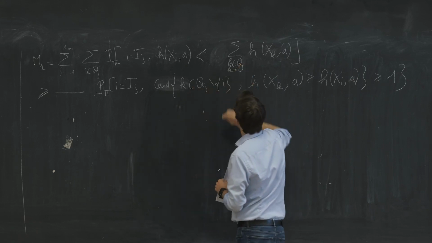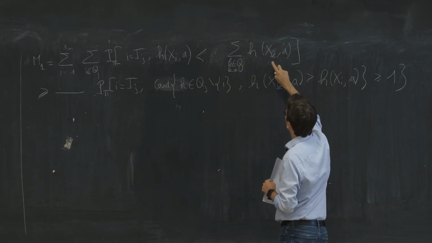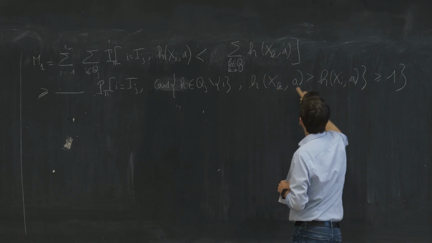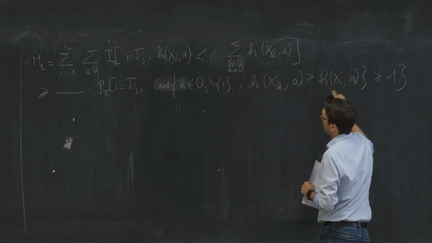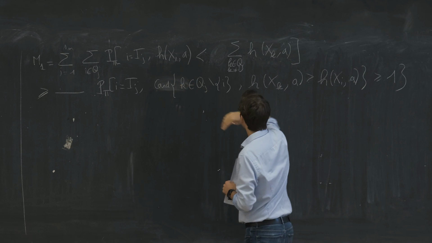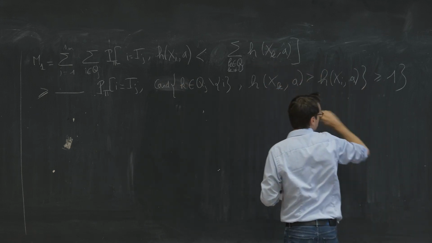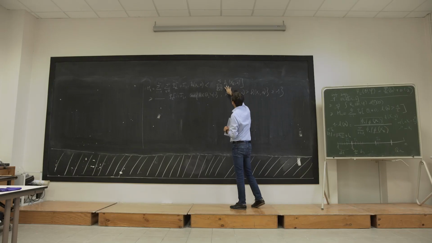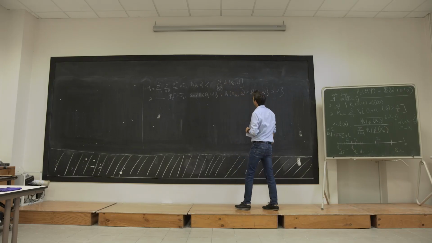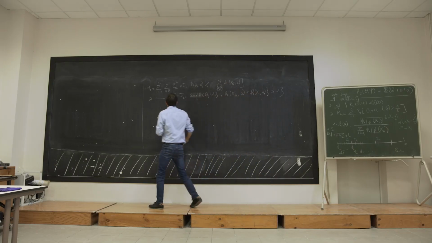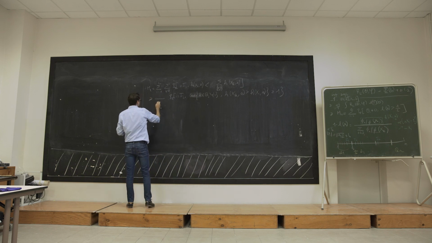So we see that it is enough that there is at least one of these h's which is strictly larger than h of xi, a, such that we have that. If there is at least one, then a fortiori, since h are all positive functions, this will be true. And now I can use symmetry.